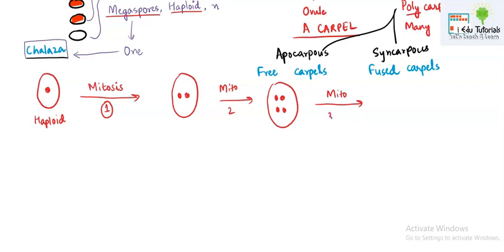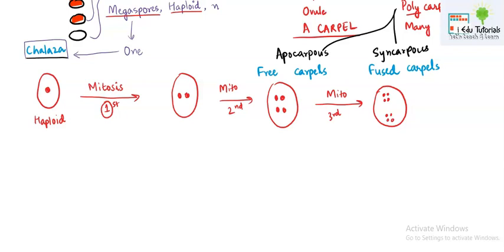So the third mitosis is happening here. This one is second and of course this one is first. When the third mitosis happens, because each nucleus will form 2 nuclei further, from 4, how many nuclei will form? Oh yes, very right, 8 nuclei will be formed in the end.